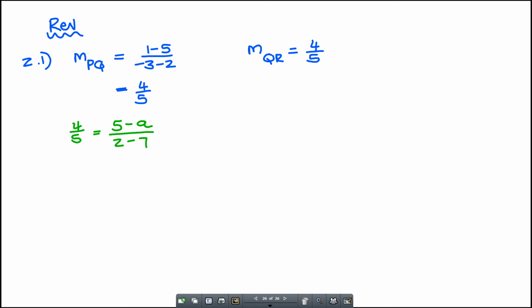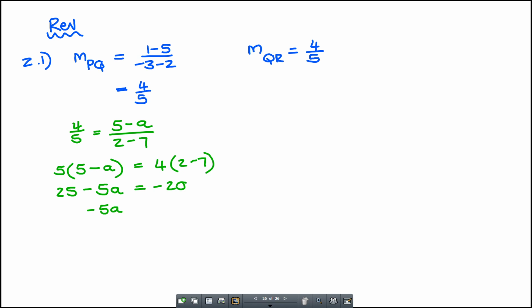Okay, then we cross multiply, so 5 times 5 minus A equal to 4 times 2 minus 7, so 25 minus 5R. 2 minus 7 gives me minus 5, and that times 4 is minus 20. Okay, so then minus 5R equals minus 45, so R is 9. Okay, you guys good?